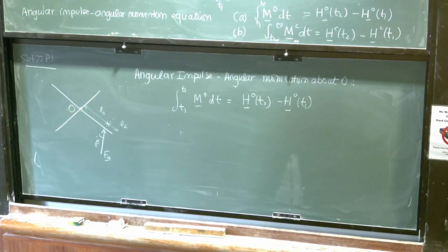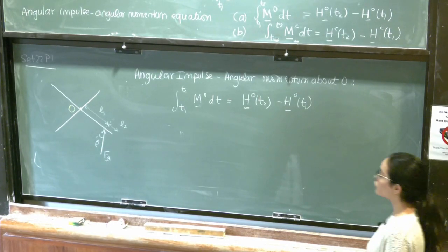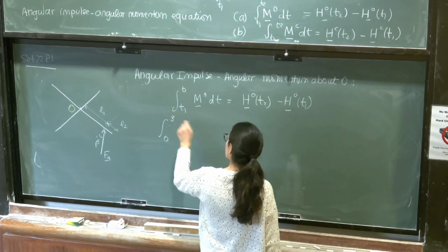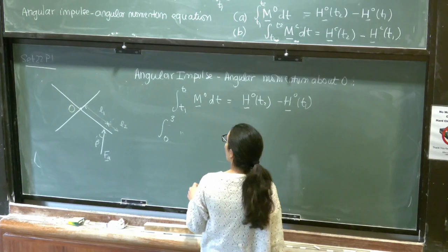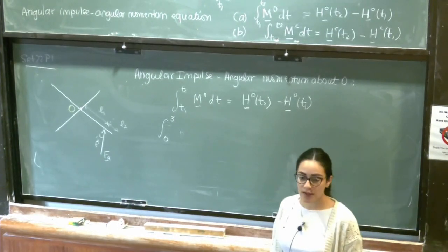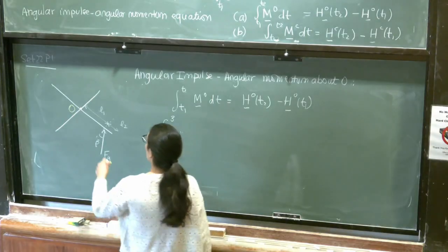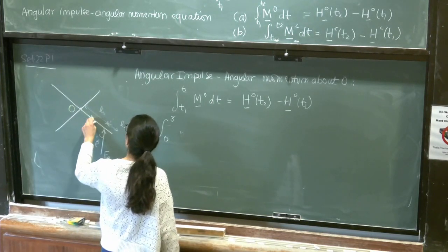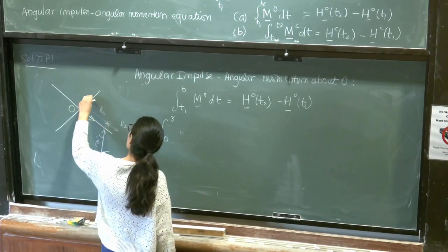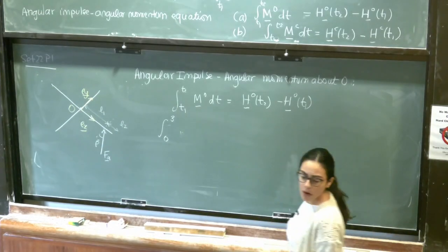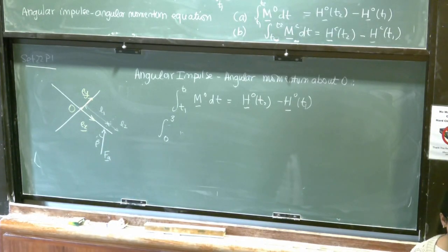So I'm integrating between which 2 times? 0 and 3 seconds, right? MO. Can I calculate the sum of moments about O? Yes. Let me put a rotational basis on the door. How do I calculate MO? What are the forces acting on this door?